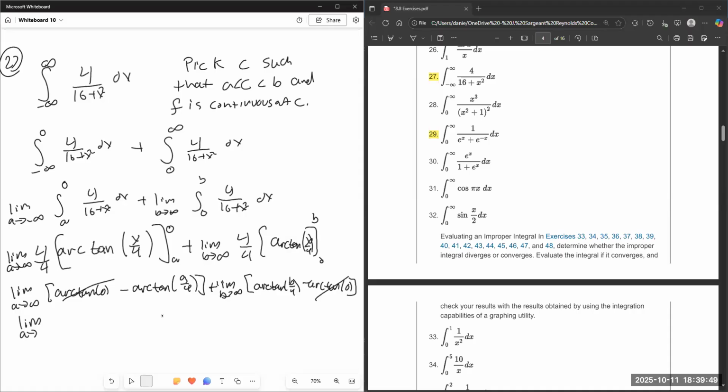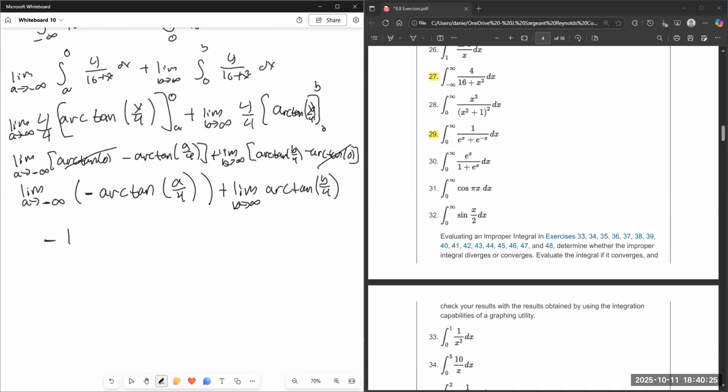This is a negative infinity times the negative arctangent of a over 4 plus limit as b goes to infinity of arctangent of b over 4 is going to be negative limit of arctangent of x as x goes to negative infinity plus limit of arctangent of x as x goes to positive infinity.